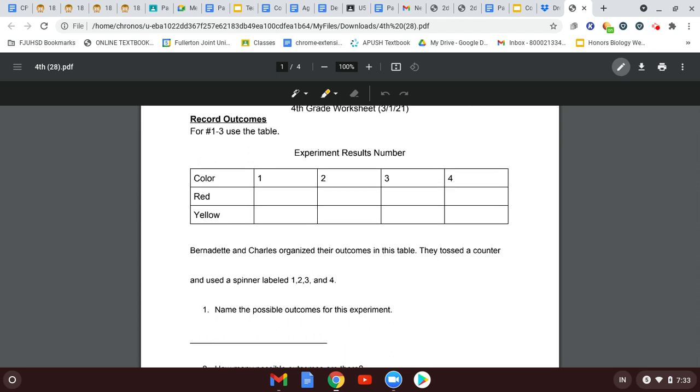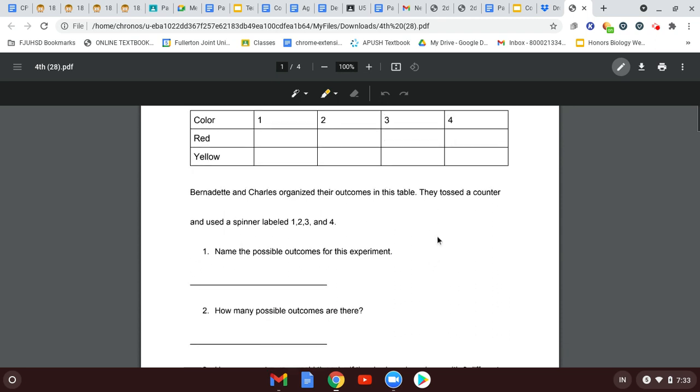So what's happening right now is that they're tossing a counter and then using a spinner. It kind of looks like this, and then there's this clock, like this hand, right?